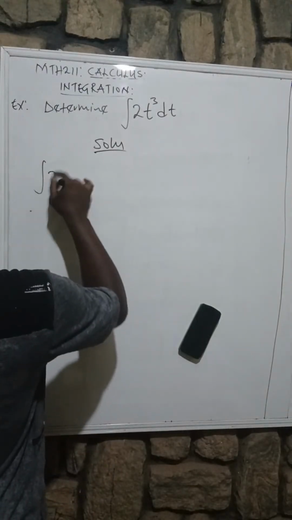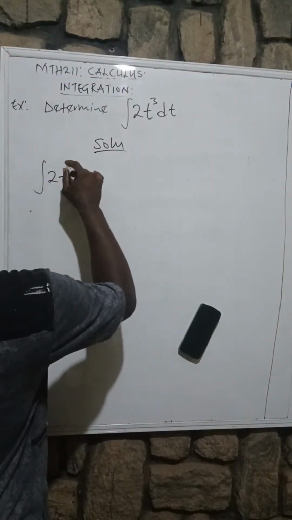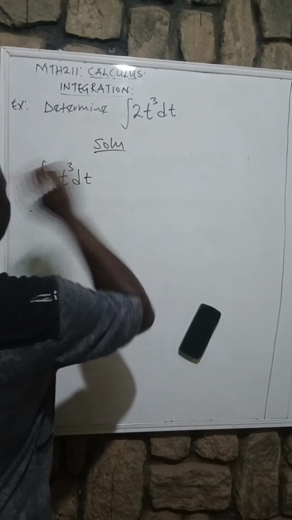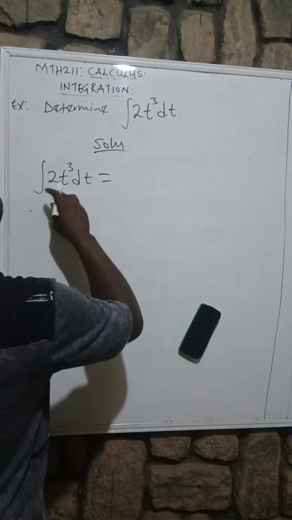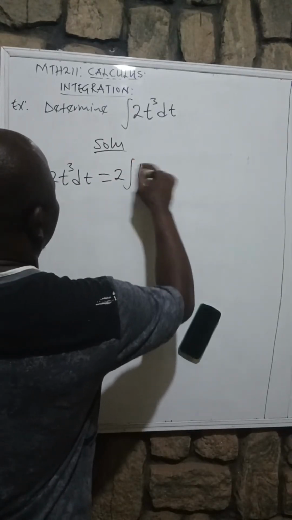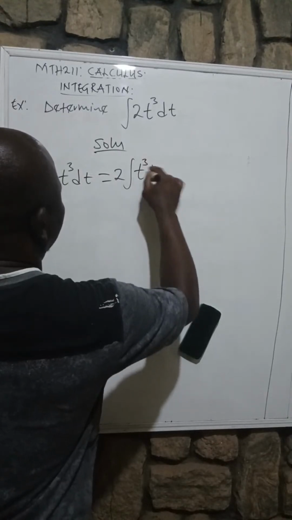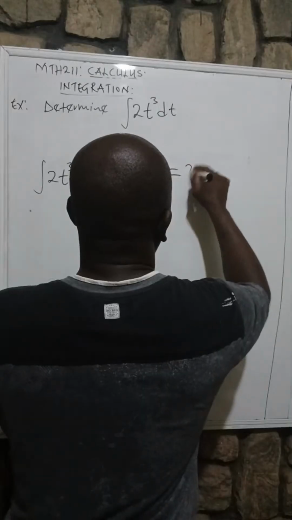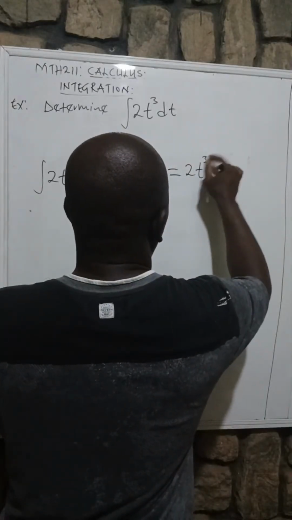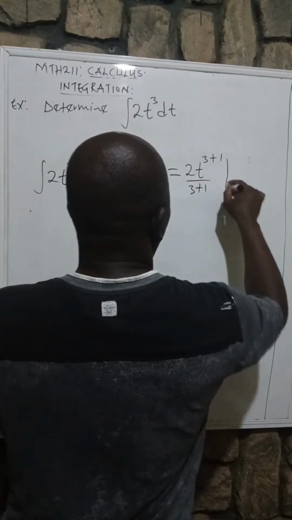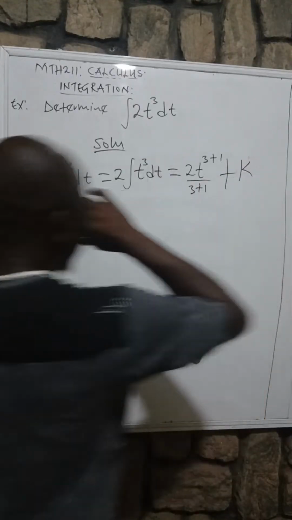Here is the integral of 2t raised to the power of 3 dt, right? We can rewrite this as 2 times the integral of t raised to the power of 3 dt. Then this is going to give us 2t raised to the power of 3 plus 1 all over 3 plus 1 plus any constant k.